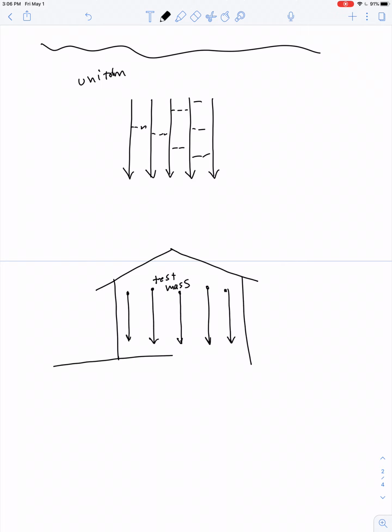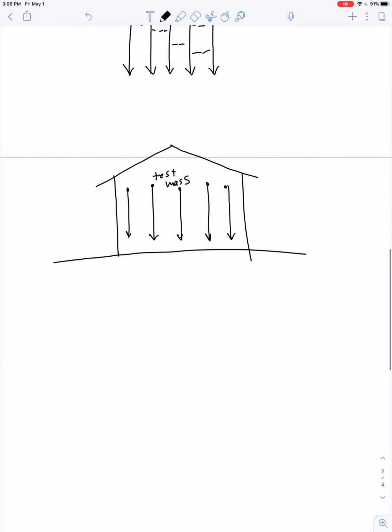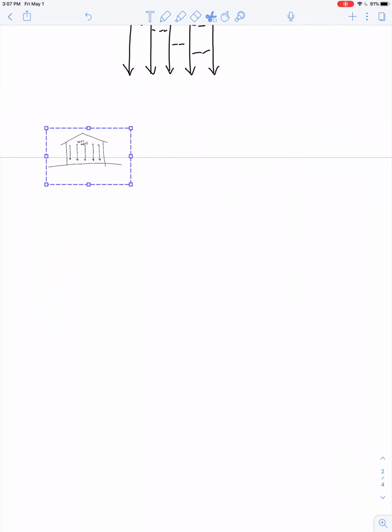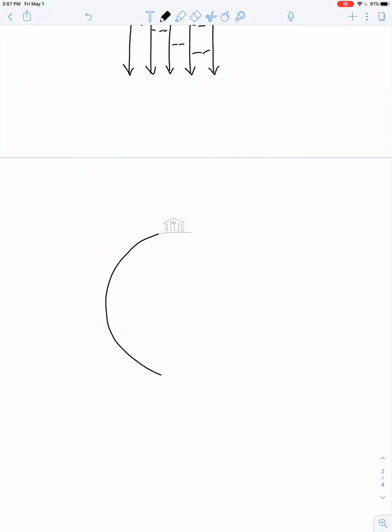The ground appears to be flat, but if we scale down this drawing, and we shrink it and shrink it, we actually notice that the classroom is part of the curved Earth, and what we thought was a uniform field was really just the effect of restricting our view of gravitational field to a small region.